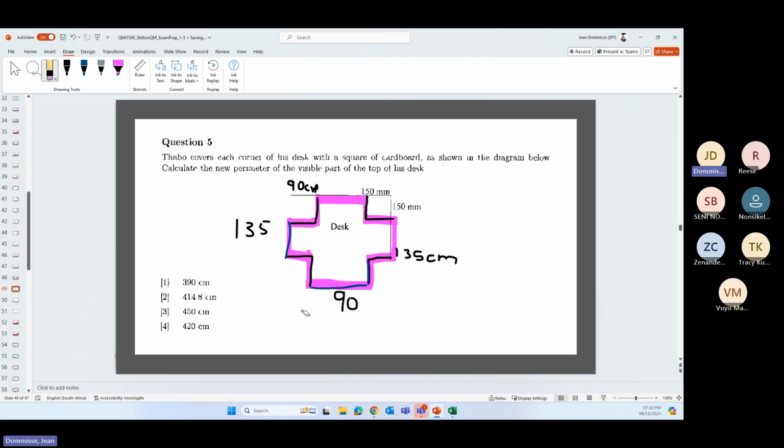Okay, so this is an interesting question. We get that length, they now tell us how big that is, but we need to work out the perimeter. So that piece, we can just move in there. The same, that piece we can move in there.